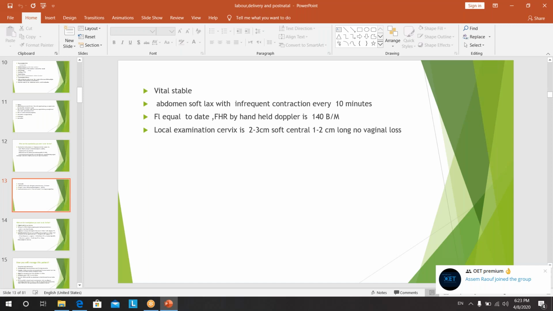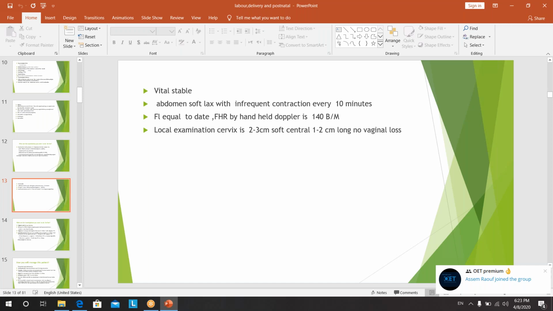So how will you arrange the in utero transfer for this patient? I'll make sure that a specialist midwife and a junior doctor, ST2, take care while transferring.